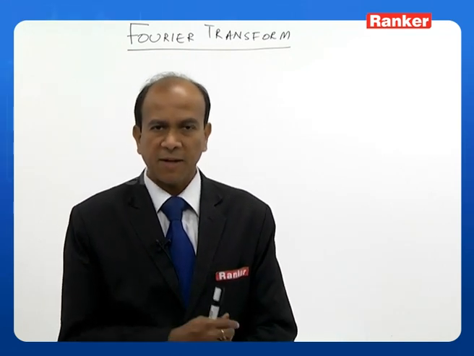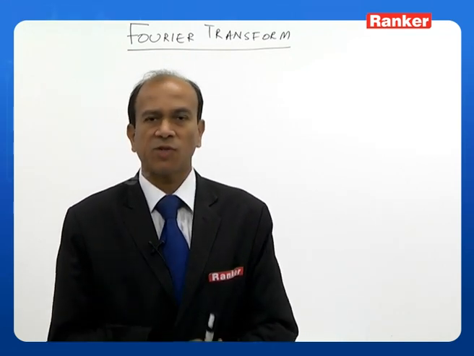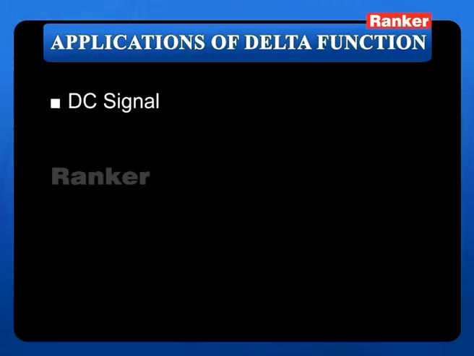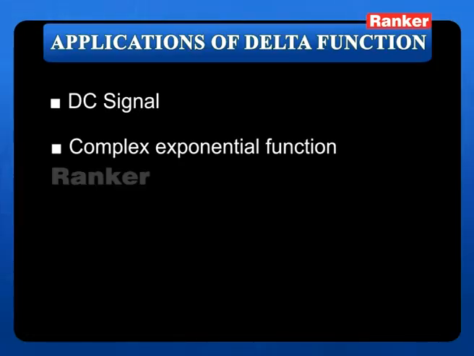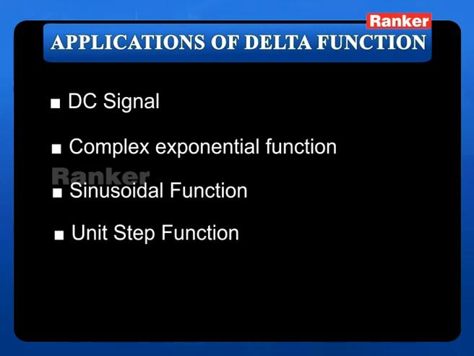What are the applications of delta functions? We see the first one is called a DC signal, the second is a complex exponential function, the third one is a sinusoidal function, the next one is a unit step function, and finally we have a Signum function. We will see what the applications of delta are in these applications.